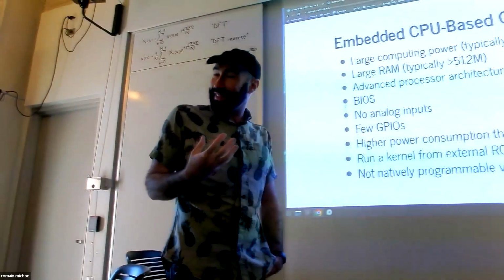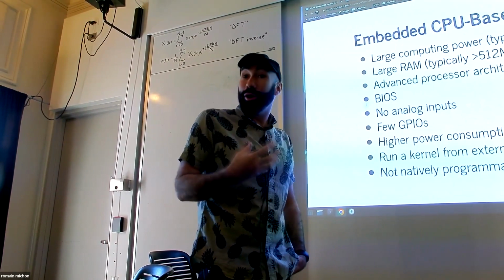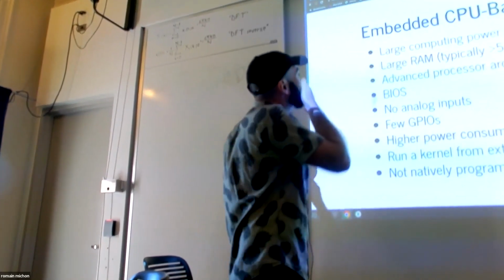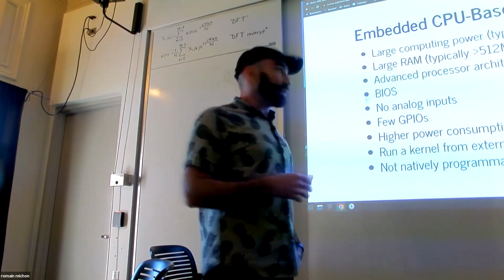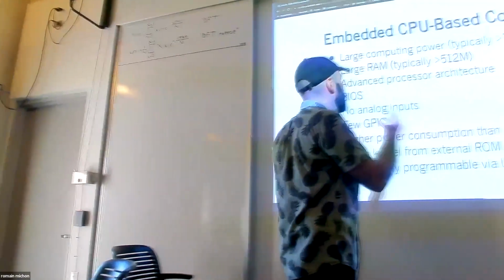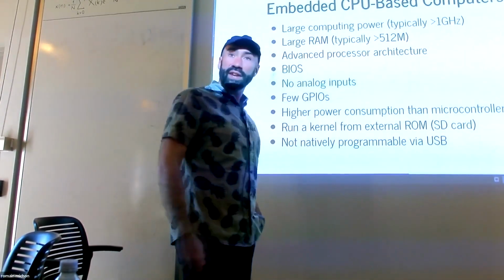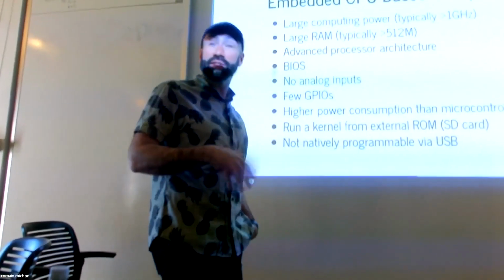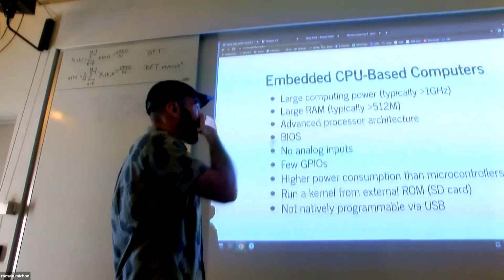Why would you do this? Because it's tough, like you make your own operating system in a way. Well, there are many advantages of doing this. One is the large computing power of the Raspberry Pi, which is greater than 1 gigahertz, now even greater than 2 gigahertz, so much more powerful than a microcontroller.